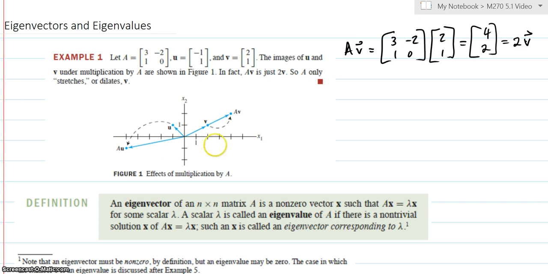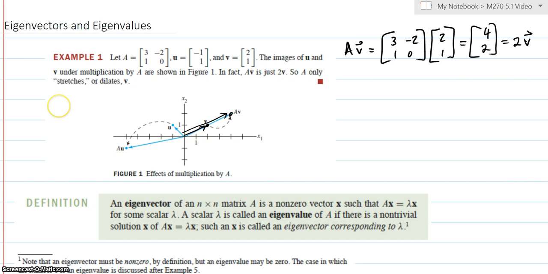If we look at the figure here to see what that looks like, here's v. v was (2, 1). There it is right there. And then (4, 2) is right there. You can see that is just 2 times it. So it says, in fact, Av is just 2v.